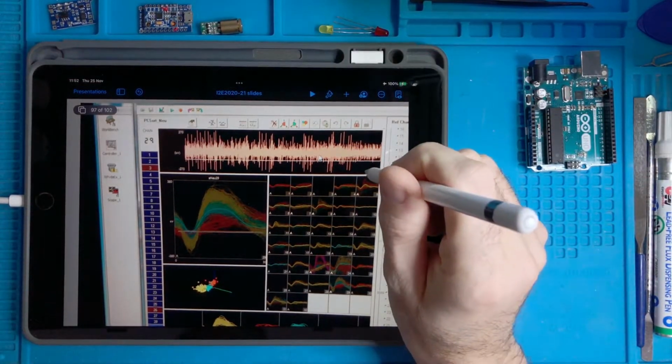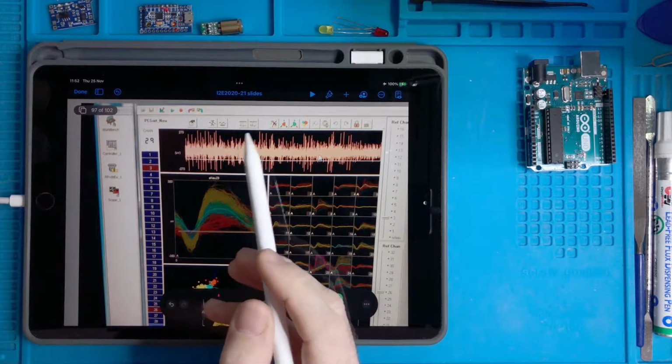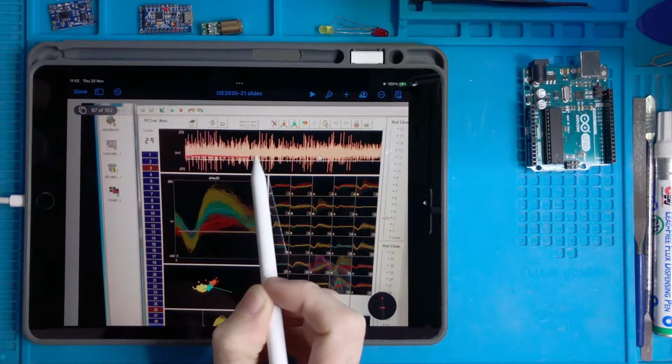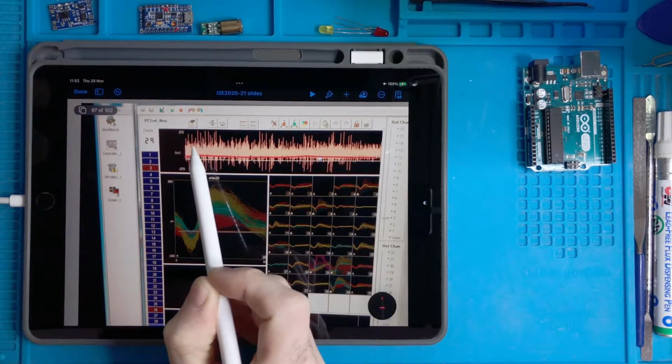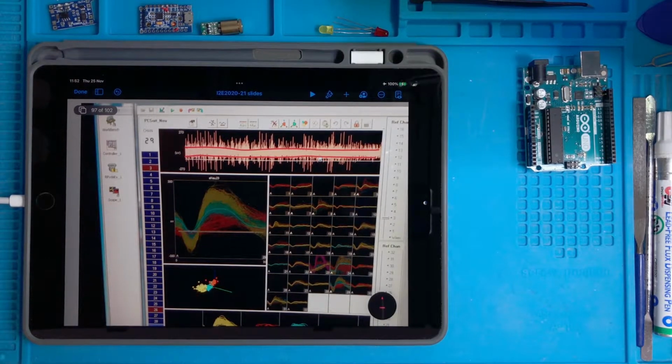You see also another thing, which is a sort of background thickness. And inside that thickness it's hard to discriminate spikes. So this is somehow corresponding to the noise level.